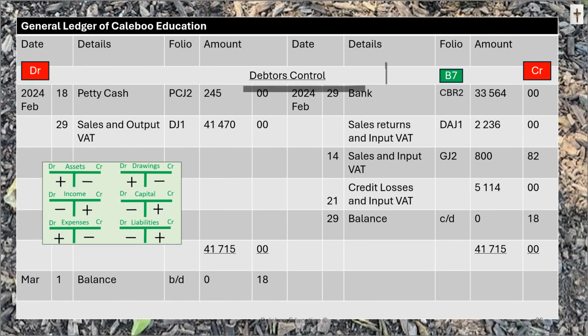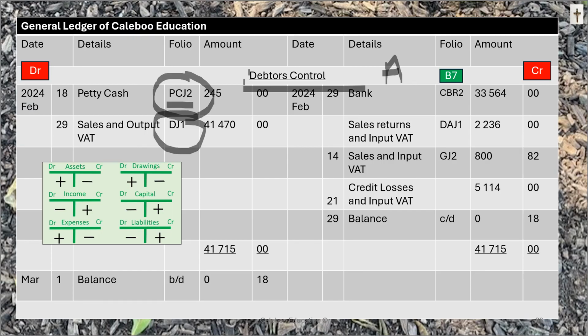Debtors control. It's an asset. We have credit sales. We paid for the transport of stock to a debtor on the debtor's behalf. We paid out of the petty cash and charged to the debtor's account.